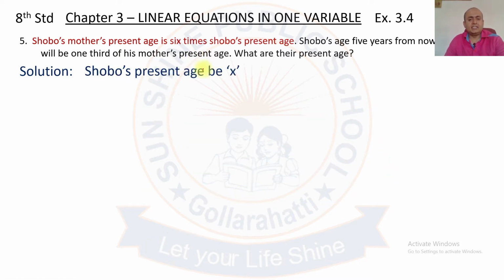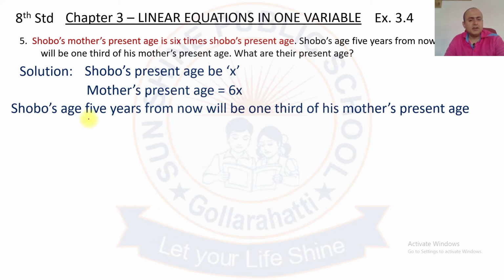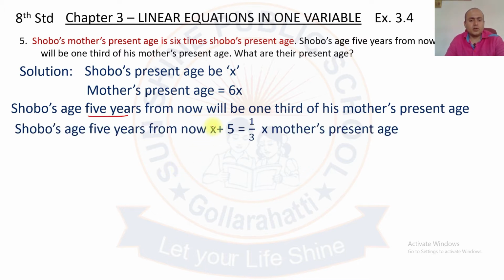Shobu's present age be x. So here I have taken Shobu's present age as x and mother's present age as 6x. Shobu's age 5 years from now will be one third of his mother's present age. Therefore, I'll take x plus 5 is equal to one third of mother's present age.